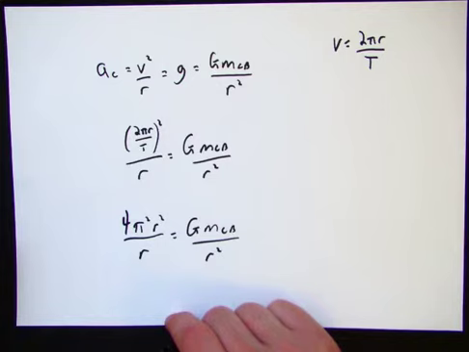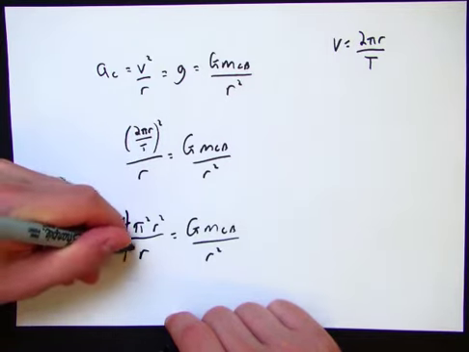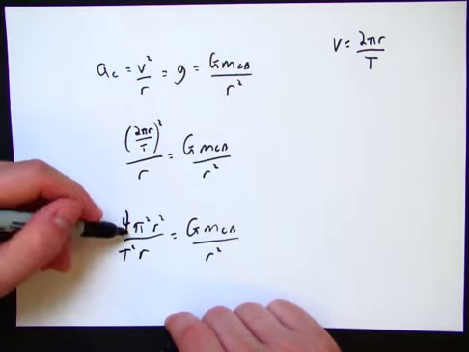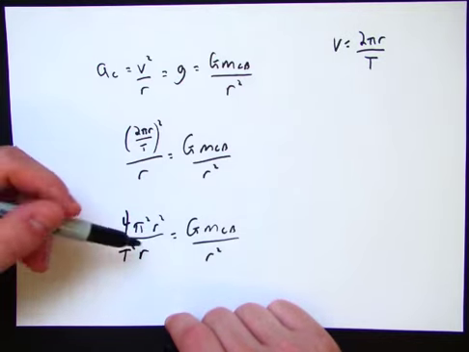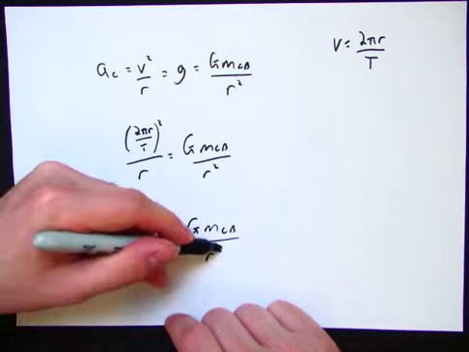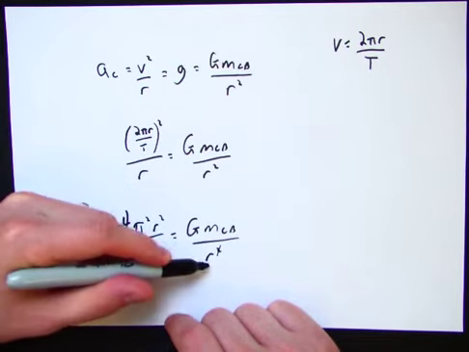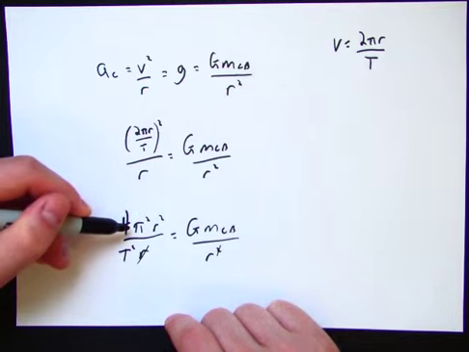Oh, I forgot about the T squared, pardon me. The T would come on the bottom, so you're going to get T squared here. Okay, so this is 2 pi r over T, squared. Let's rearrange some things here. I can get rid of this r squared and that one. This r can come to the top, and I'm going to move the 4 pi squared to the bottom.